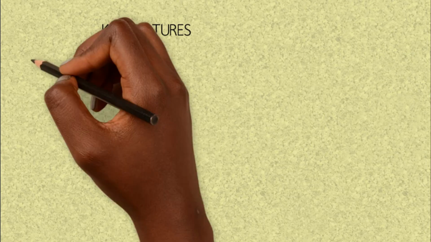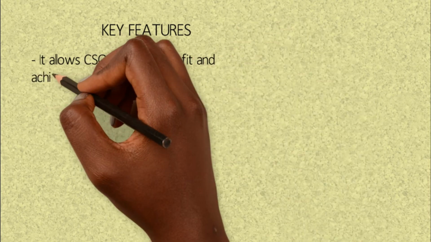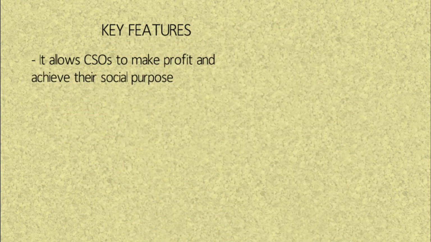Some key features of this model are that it allows civil society organizations to make profit and achieve their social purpose.